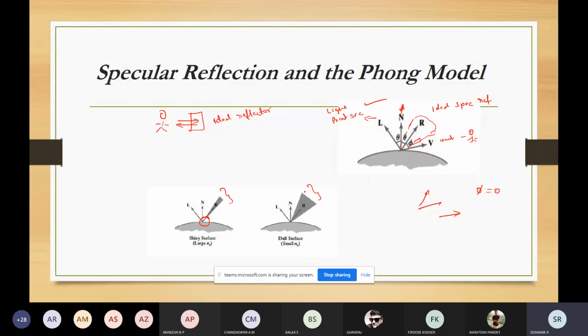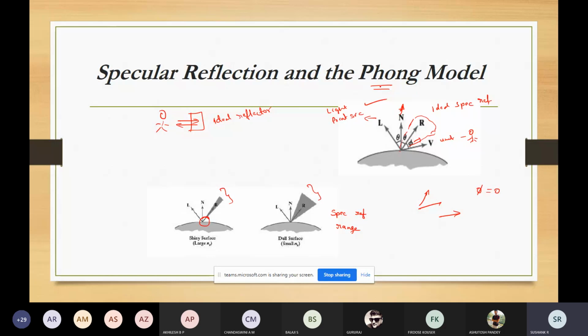So how do you calculate this range? This model for calculating the specular reflection range was developed by a person named Phong.